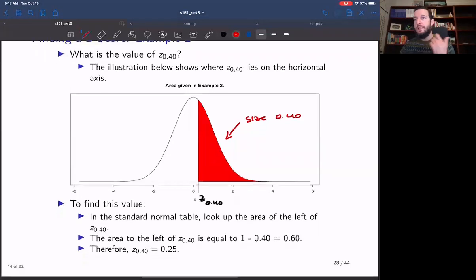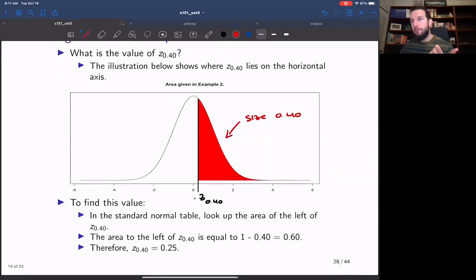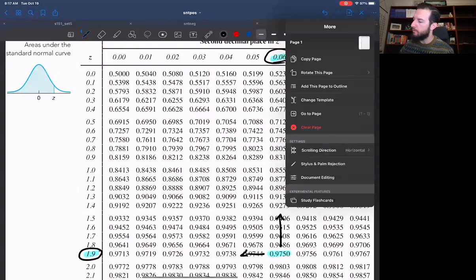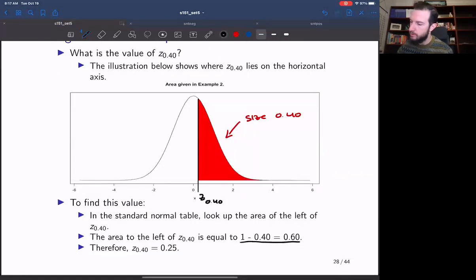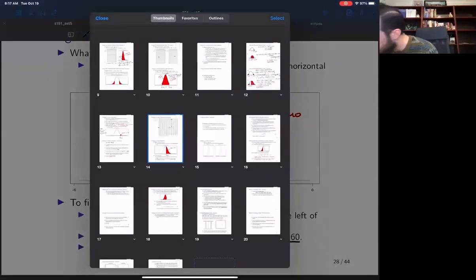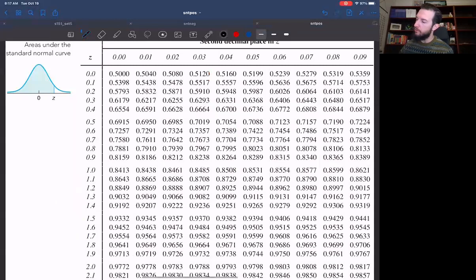All right, so we take our area in the subscript, we subtract from 1. That gives us 0.6. Now we look 0.6 up in our standard normal table. So we go to our normal table and we're looking up 0.6.